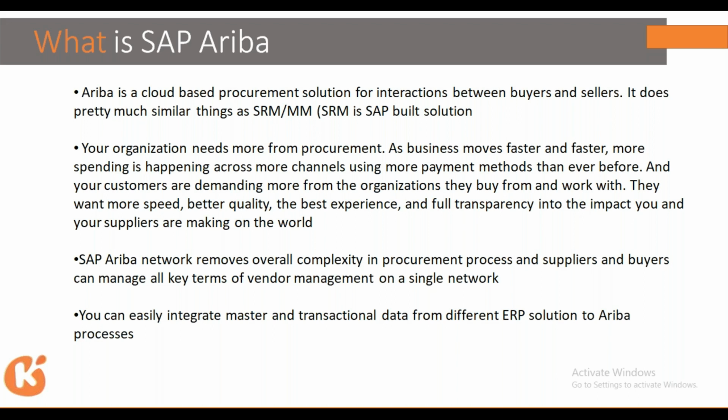Once the supplier is available, the negotiation part comes into the picture. Negotiation means the quotation process. The customer sends a request for quotation to multiple suppliers, asking them to kindly provide their best price for the material.